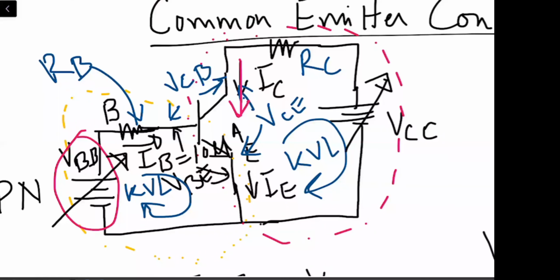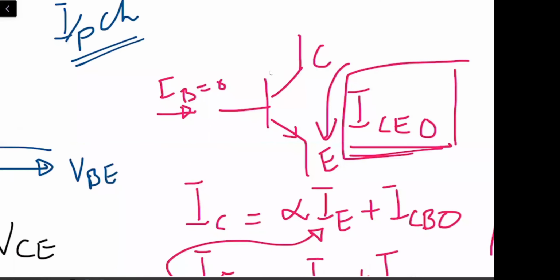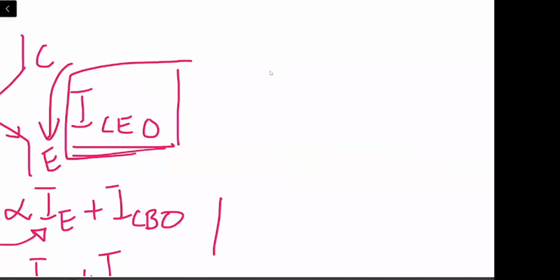When IB becomes 10 microamperes over here, the corresponding value is due to a factor called beta.